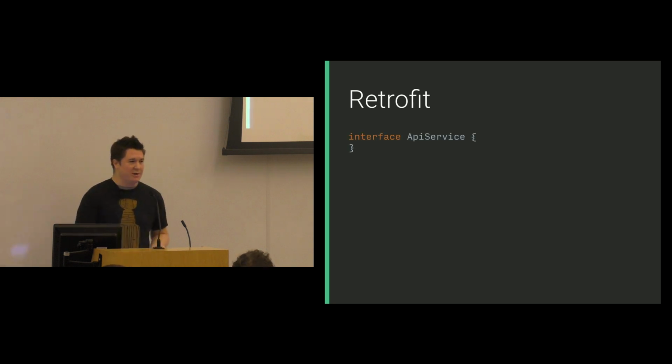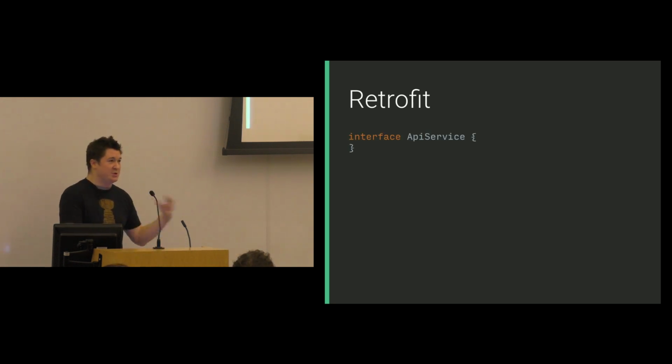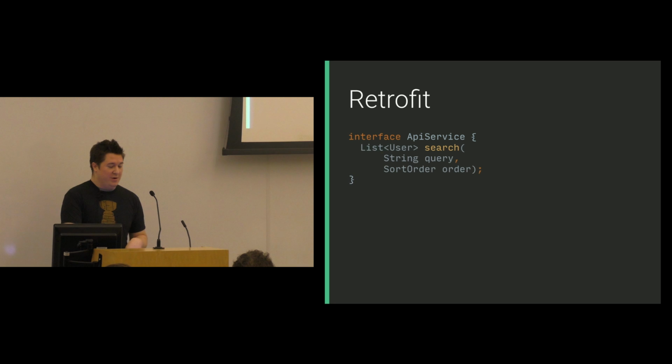So the way that you would model this in Java, if you were trying to abstract away this low-level network layer into a higher-level interface, is that you'd write an interface and have a method for each logical endpoint that you wanted to call. So in this case, we want to perform some search, which has a query and an order that we want the results in, and then we're getting back some object that represents our domain. In this case, it's a list of users.